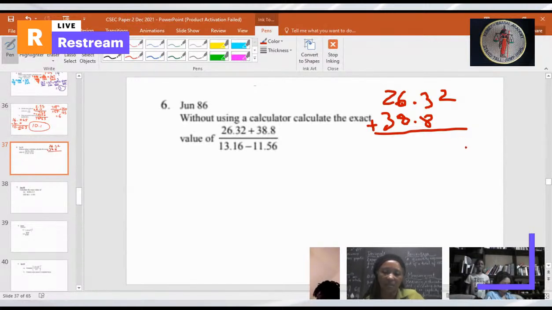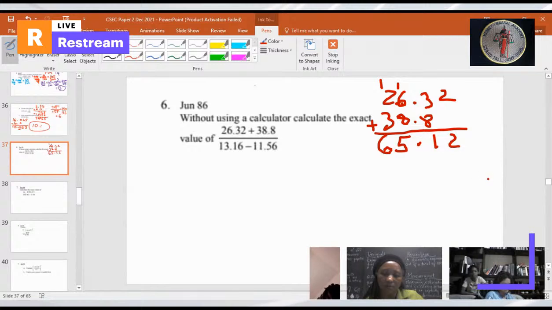Miss, the 2 plus the 0 should give you 2, miss. The 3 plus 8 would give you 11, miss, you put the 1, you bring over the 1. 6 plus 8 is 14 plus 1, which is 15, bring over the 1. And 3 plus 2 is 5 plus 1, which is 6.